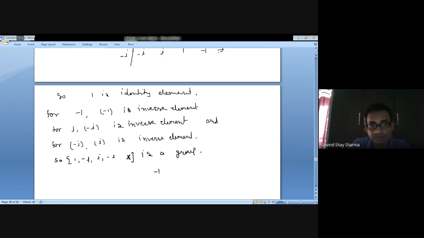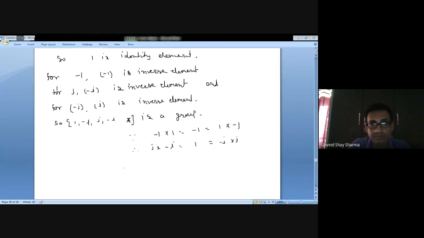Minus 1 into 1 is equal to minus 1, and 1 into minus 1 is again minus 1. Iota into minus iota is equal to 1, and minus iota into iota is also 1.